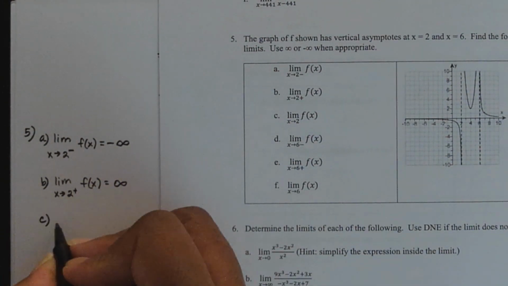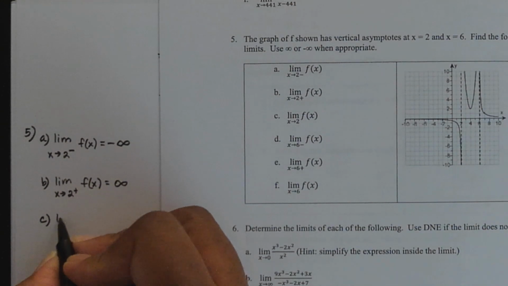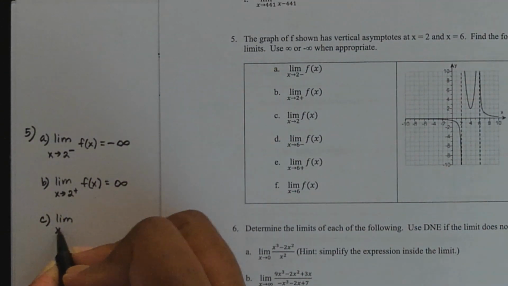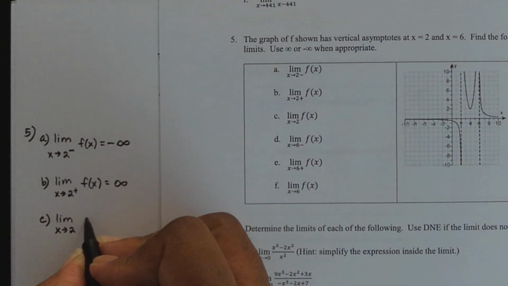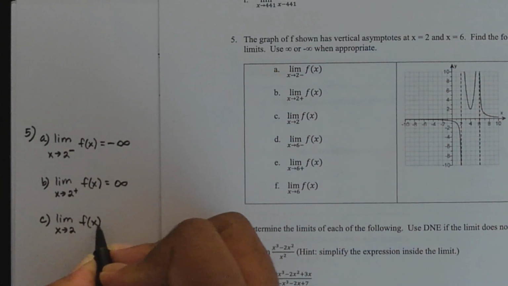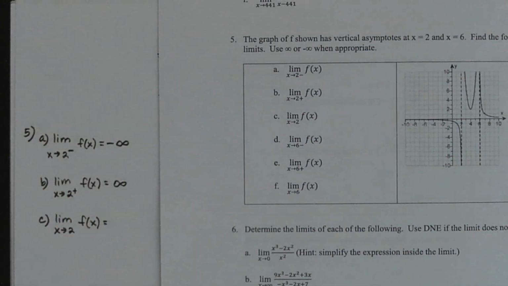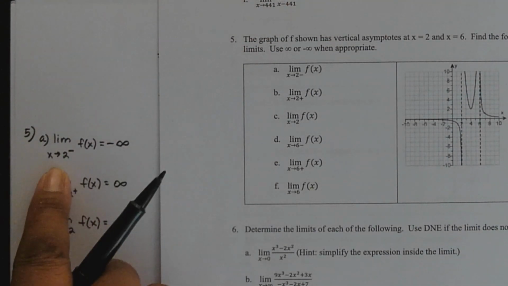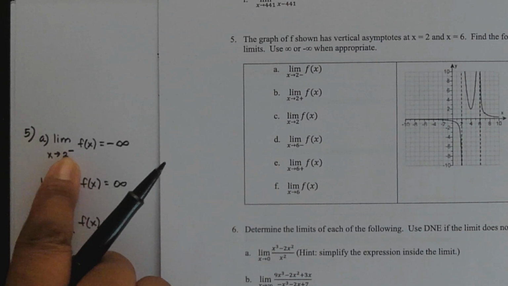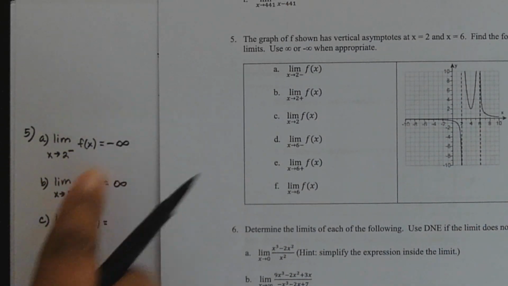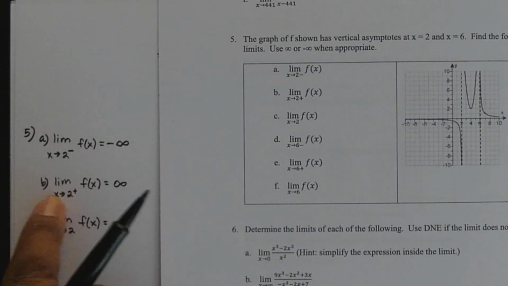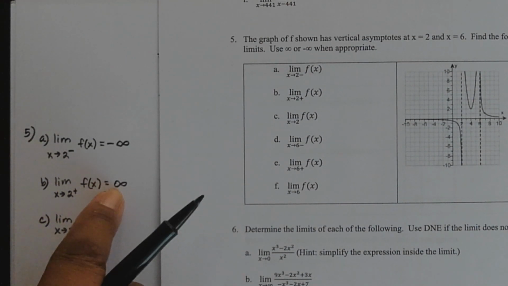And now part C is a limit as x approaches just 2 of that function f of x. All right, so now take a look here. Yeah, the limit as x approaches 2 from the left is going to negative infinity, and then 2 from the right is the limit of that function going to infinity.